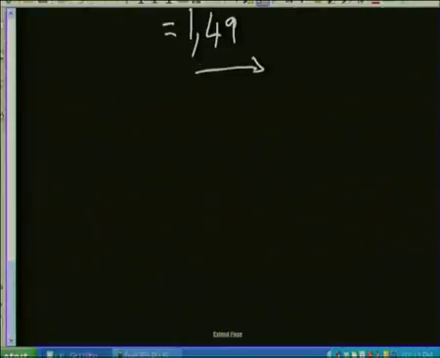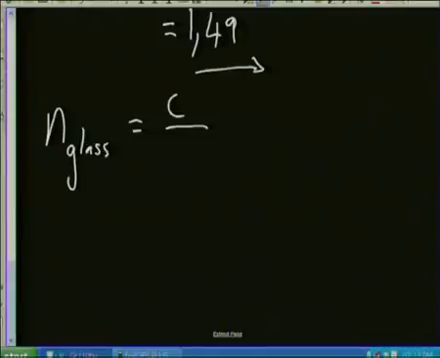It now tells me to calculate the speed of light through the glass block. Now remember what we've said: the refractive index of glass is the ratio between the speed of light and the velocity of light through the block. So what we recognize here is that it's the speed of light divided by the velocity.